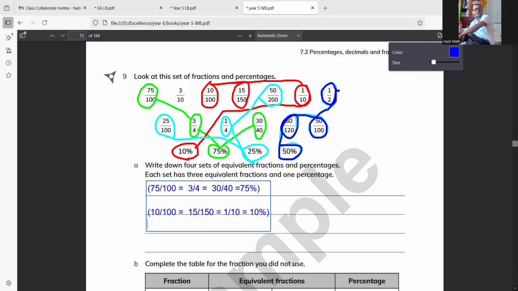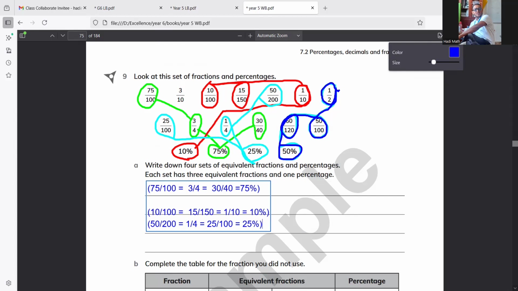Another group, we could go with what? With the 50 over 100 or 50 over 200, which is equal to 1 over 4, is equal to 25 over 100, is equal to 25%.